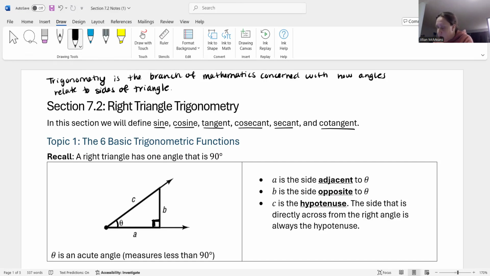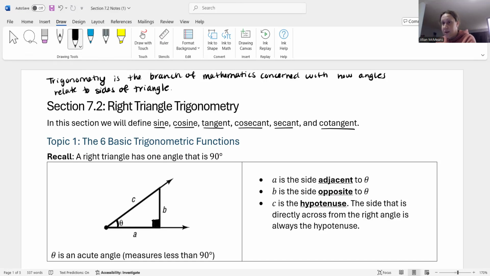You can see we have our right angle right here, and then we have our angle theta right here. And we're telling you that theta is just some acute angle. So that means it measures less than 90 degrees. Now we've labeled the sides of this triangle A, B, and C. So sides A and B are what are called the legs of the triangle. They make up that right angle. The side C, notice it's opposite the 90-degree angle. That is always going to be called your hypotenuse.